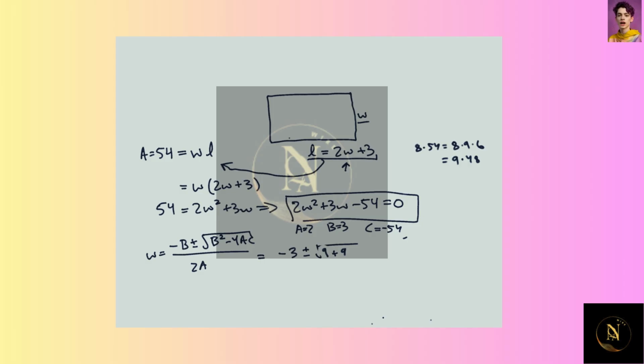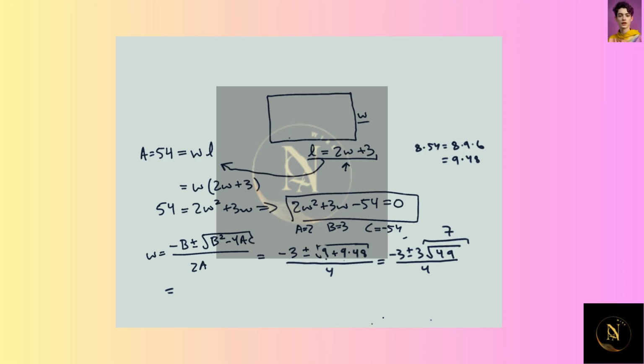The reason that we want to do that is because we already have a 9 here, and so if we can get this factor of 9 here, we'll be able to pull it out of the radical. And then 2 times A is 4. So when all is said and done, we can pull this 9 out of the square root. We're going to have minus 3 plus or minus 3 times the square root of 49, divided by 4, but the square root of 49 is just equal to 7.